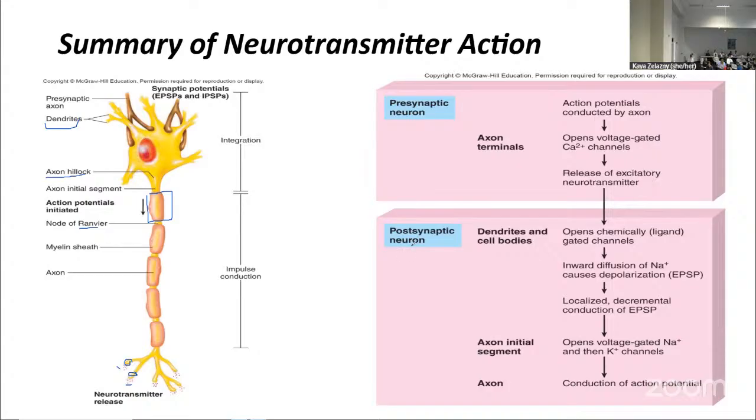We know that in our postsynaptic neuron, we link up to some type of a channel. In this case, we're taking our simplest option and saying we're connecting to a ligand-gated channel, so one of those ionotropic receptors. In this case, we're thinking about how that might create an EPSP by letting sodium in, and then eventually leading to an action potential in that postsynaptic neuron.